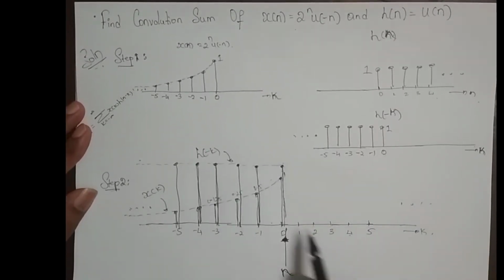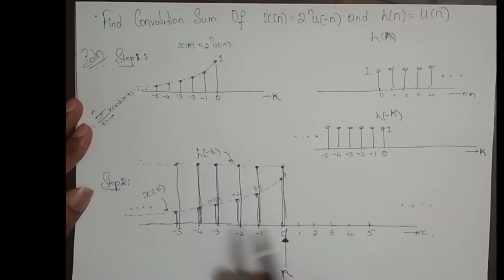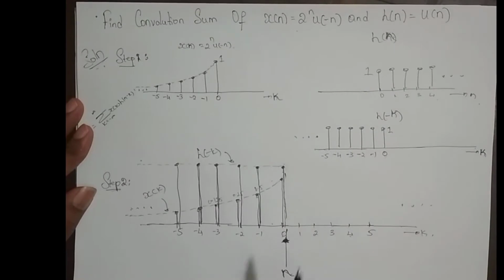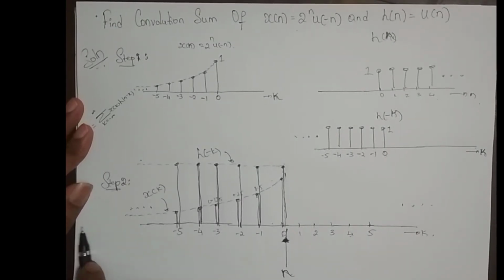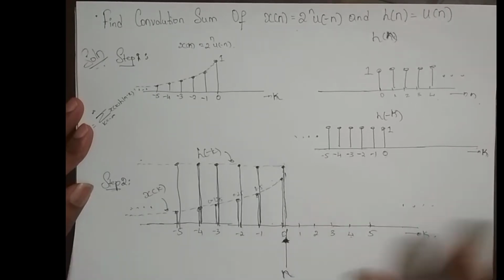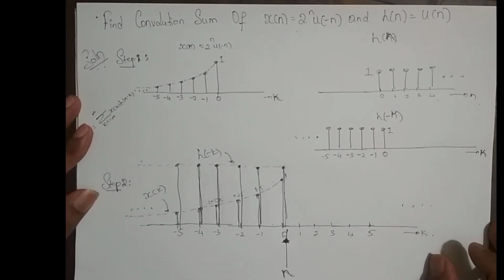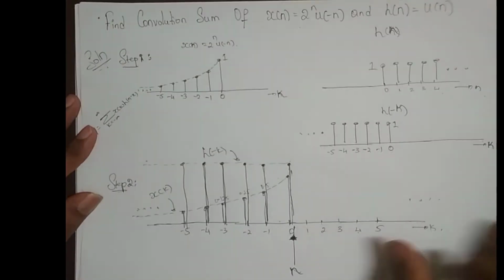This is a kind of problem where we won't get a non-overlapping region. So wherever you move the h of minus k sequence from minus infinity to plus infinity, there will be an overlap of the two sequences, x of k and h of minus k. Okay, so I'll show you with a cartoon sketch of those two sequences.